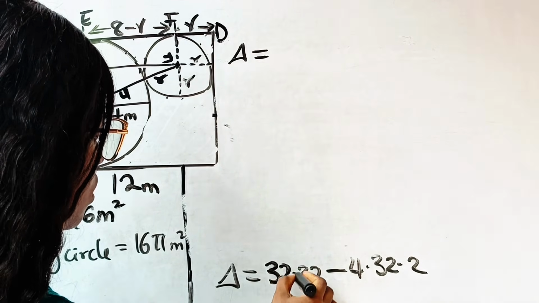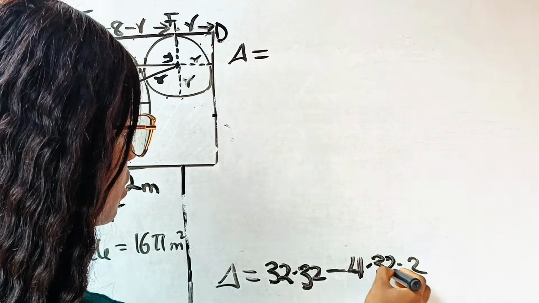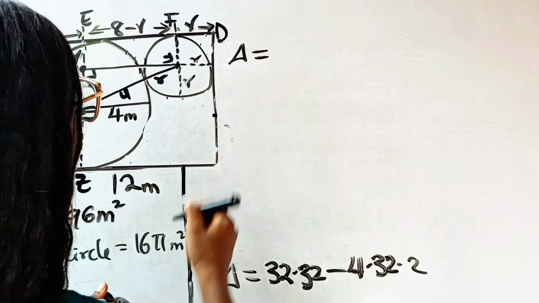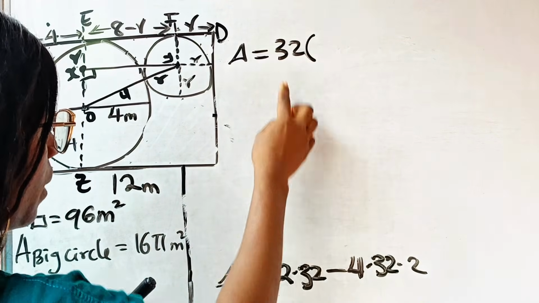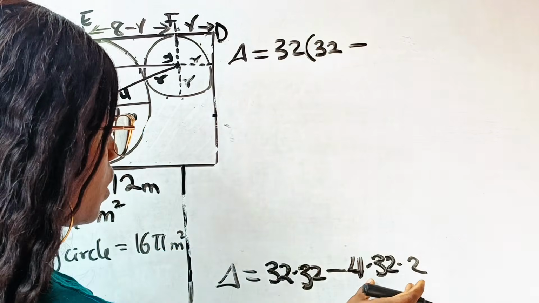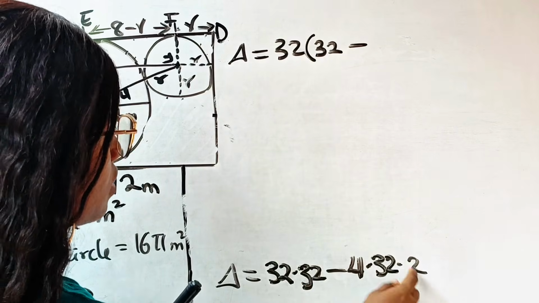This is 32 multiplied by 32, and this is 4 multiplied by 64, which is 32 multiplied by 8. If we bring out 32, when this is divided by 32 we still have 32 remaining, minus when this is divided by 32, we have 8 remaining.